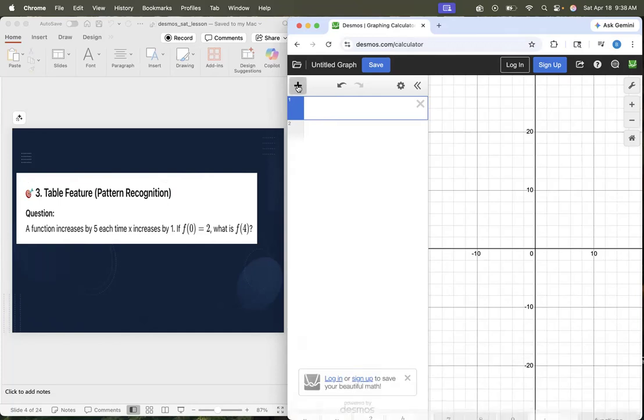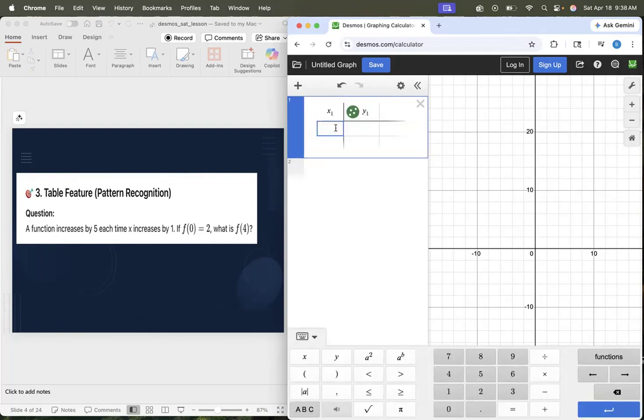But what can we do? We can graph this. I click the plus sign, I see the table, and then put in the information they've given us. A function increases by 5 each time x increases by 1. If f of 0 is equal to 2, that's your first information, so you start from there. When x is 0, y is 2.